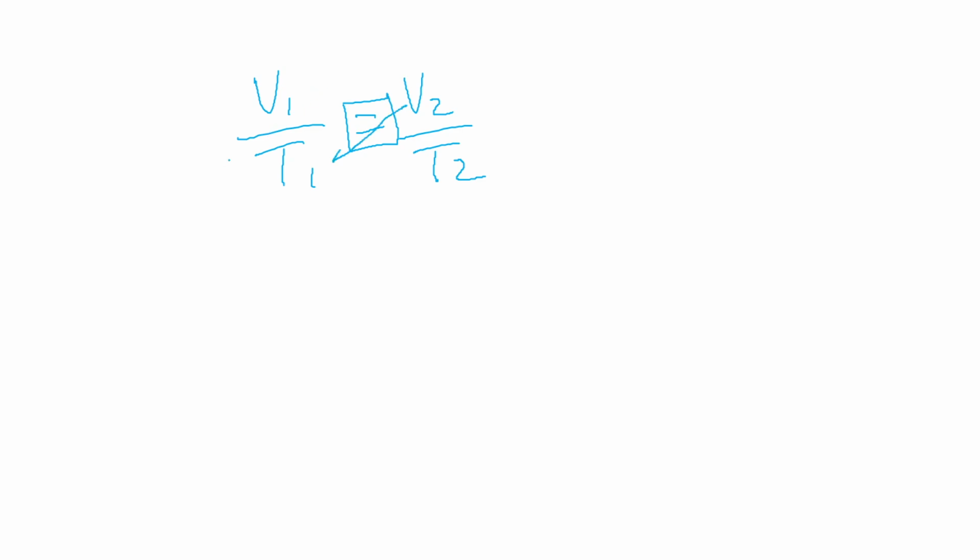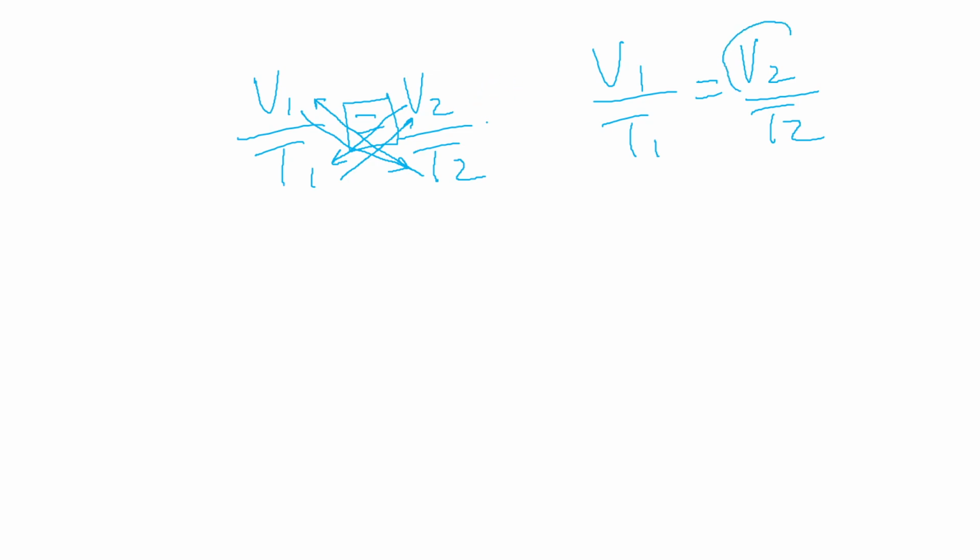So this guy would go down, this guy would go up, this guy would go up, this guy would go down if you needed to switch around. So if you had V1 over T1 equals V2 over T2 and you want to solve for V2, this guy on the bottom, which is T2, needs to go to the other side. It ends up on top. V1 T2 over T1 equals V2.